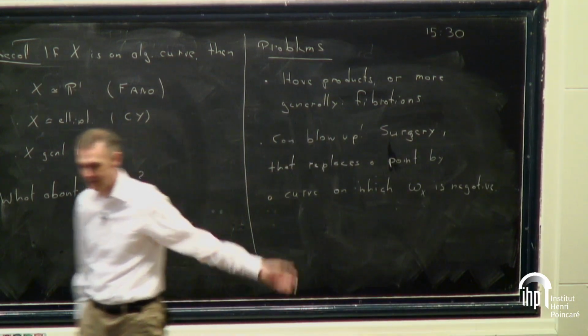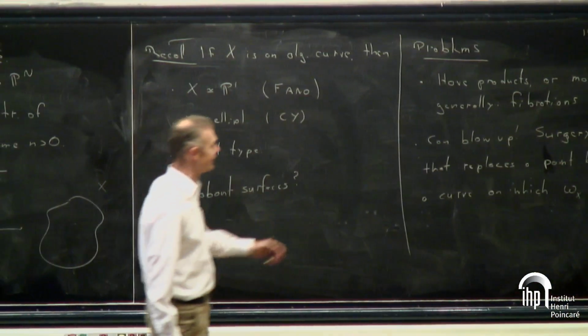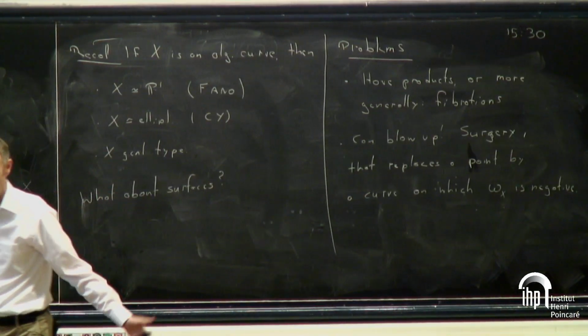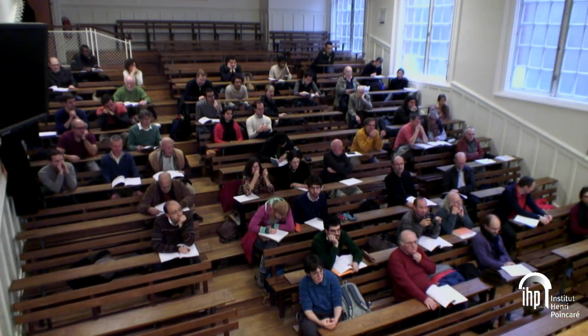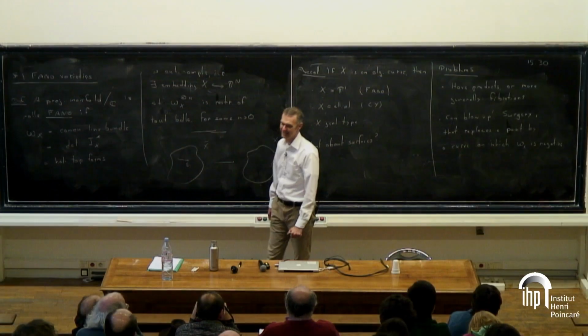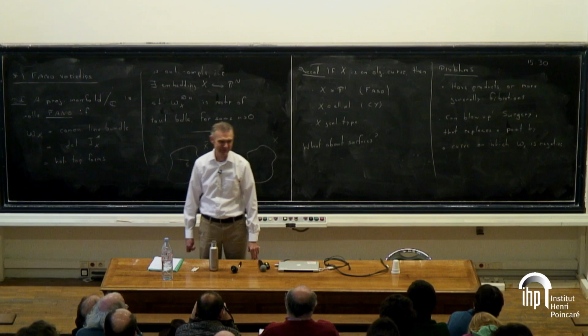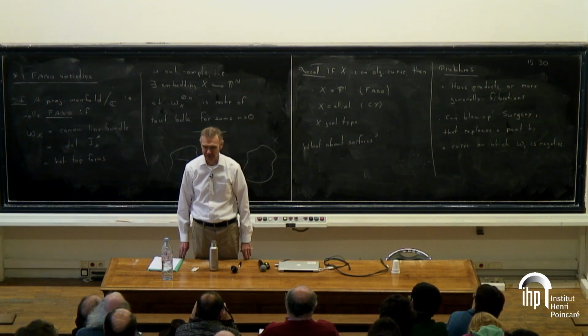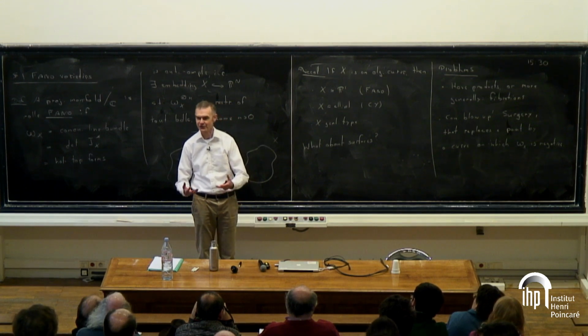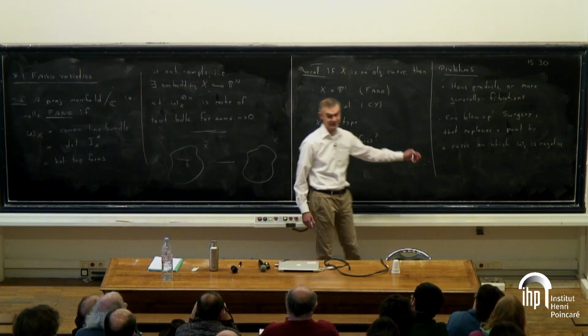Now, what do we do with these problems? Of course, for problem number 1, there is no escape, right? This is something that can't be avoided. I have products. For problem number 2, there's an almost obvious solution: maybe we shouldn't be looking at all surfaces, really. We should be looking at minimal surfaces only, that is, surfaces that are not blow-ups of others.